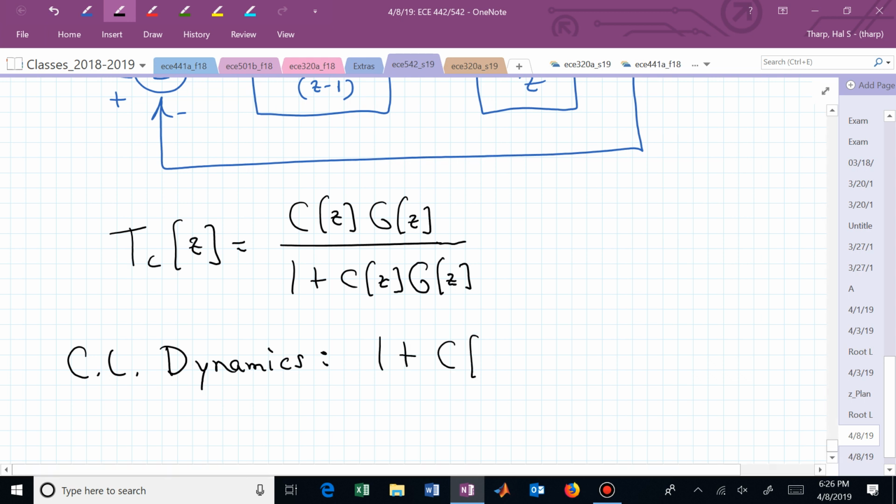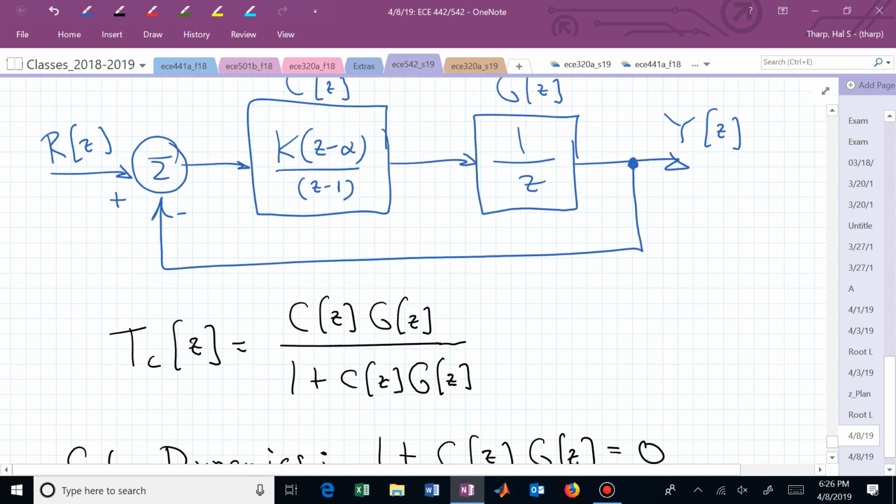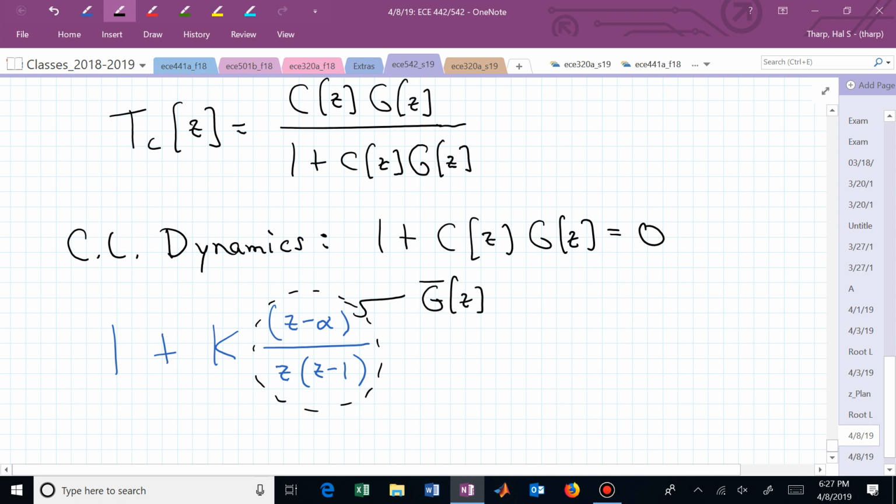So we're now looking at that. And if we plug in our values, we have K, that was part of our controller, and we have the zero factors and the pole factors from our plant and controller, where this is what we can say is our G bar.